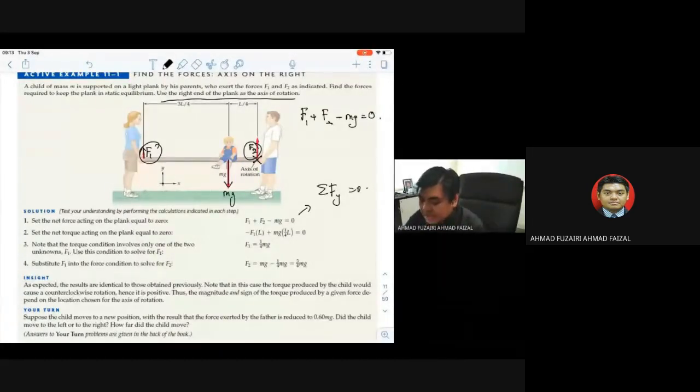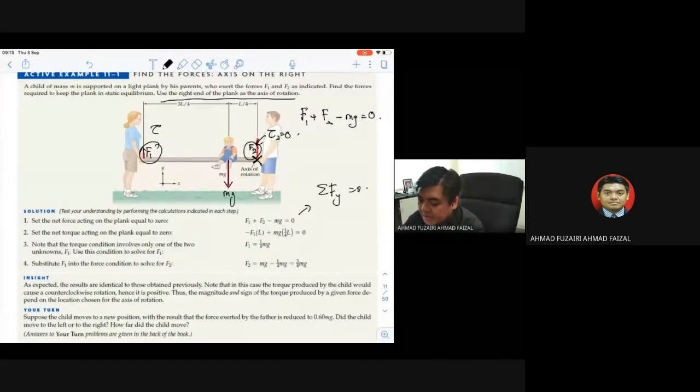Then set the net torque acting on the plane equal to 0. If we use the right end of the plane as the axis of rotation, definitely the torque of F2 will be 0.